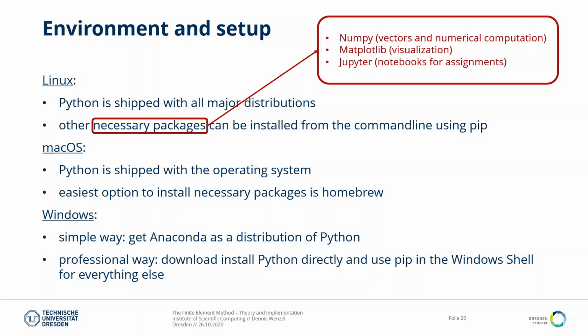That's exactly what we need here. Then another necessary and quite powerful package is matplotlib, the matrix plot library. That's used for visualization, in any fashion you can imagine in creating beautiful plots. That's also something we want to have here, because we have to somehow visualize our results.